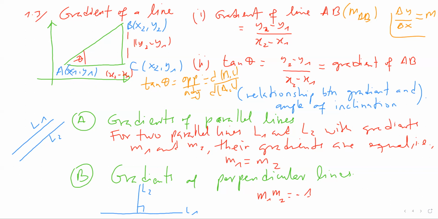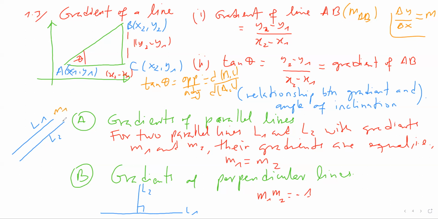Then, if we have two lines that are parallel, then the gradients of these two lines are equal.